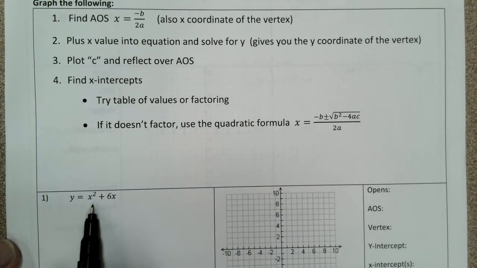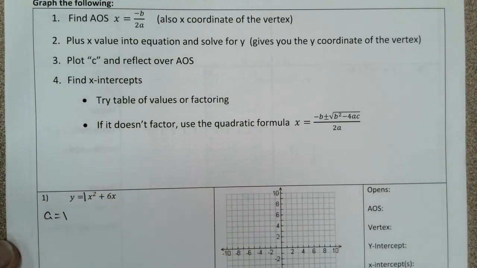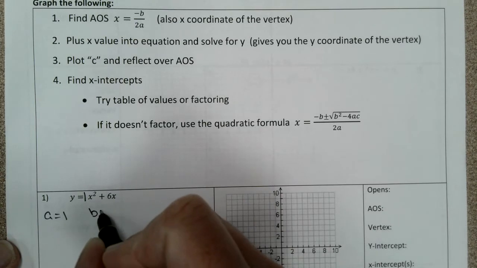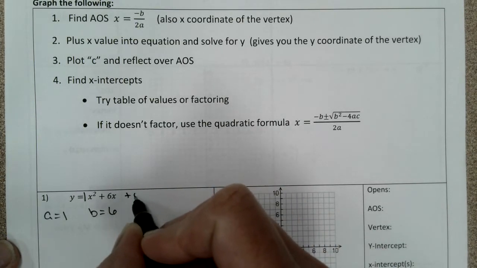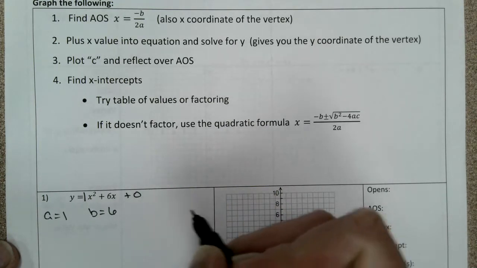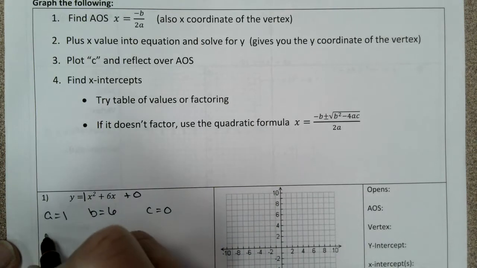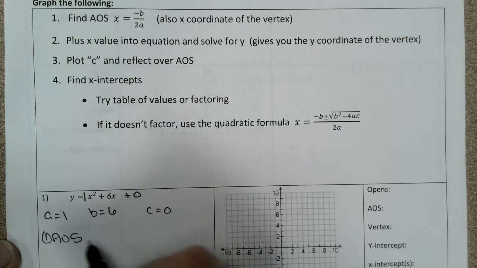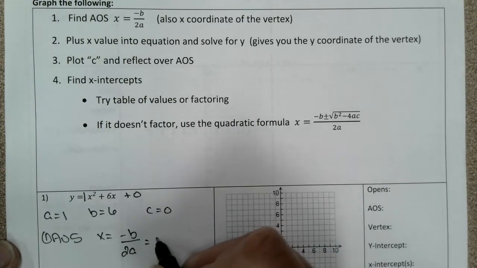All right, so let's do number 1. We have an invisible 1 in front of x squared, so I know that a is 1, b is 6, and we don't have a c, so you can add in a 0. Step number 1, to find the axis of symmetry, you're going to find the opposite of b over 2a.